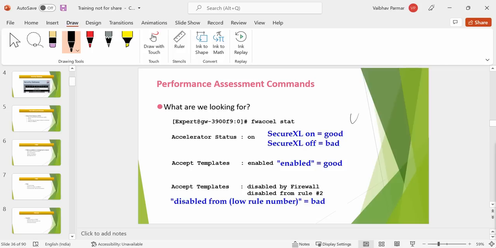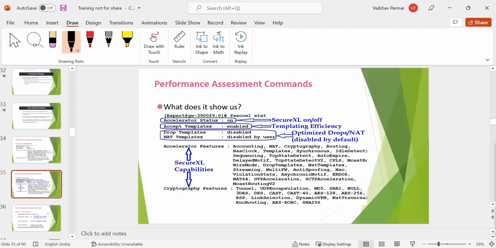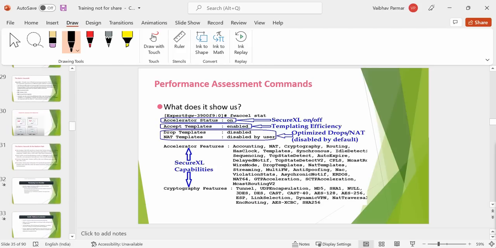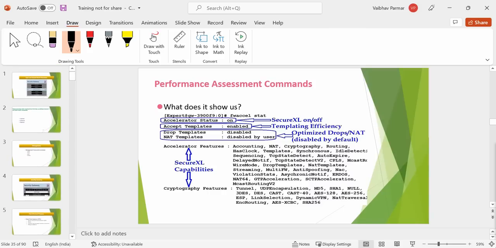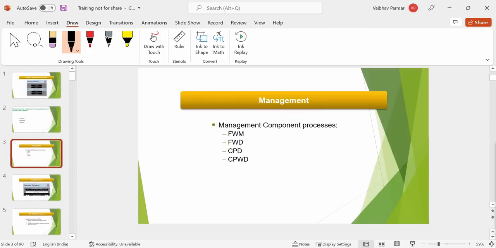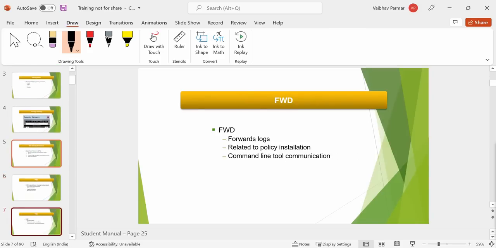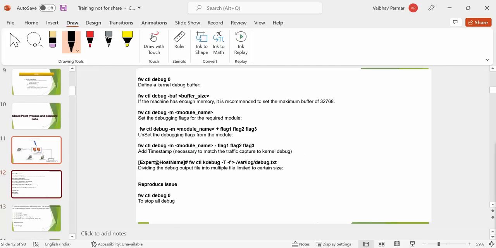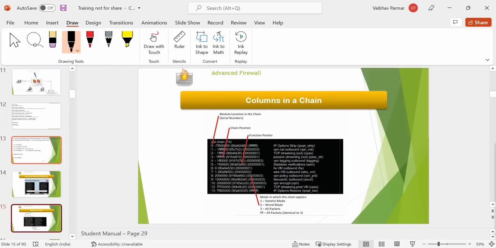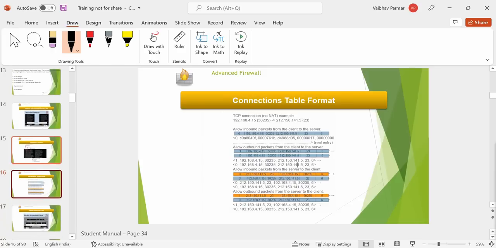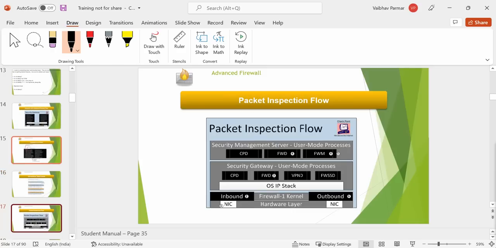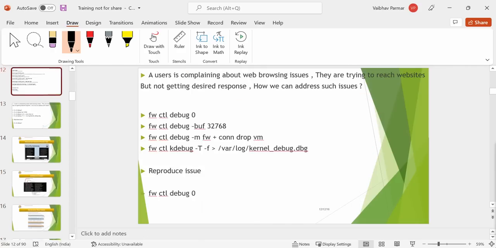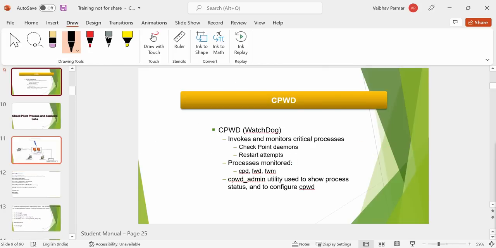So we'll have the next 1 hour. Is that fine? Yeah, no problem. We'll be covering the main things, like the leftover from the previous class. We'll cover these daemons, and some important debugs I wanted to give you guys. And if you have the strength, then we will talk about the connection table and the packet inspection flow. If not, we'll take that tomorrow.